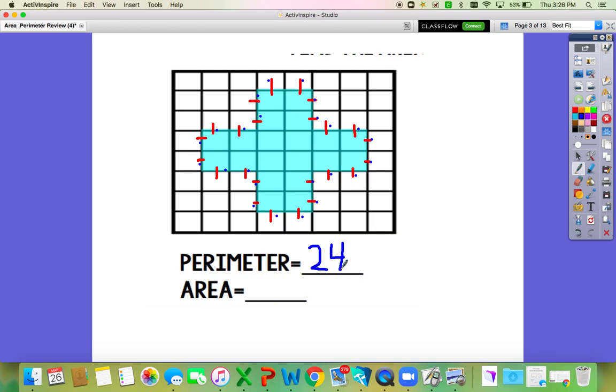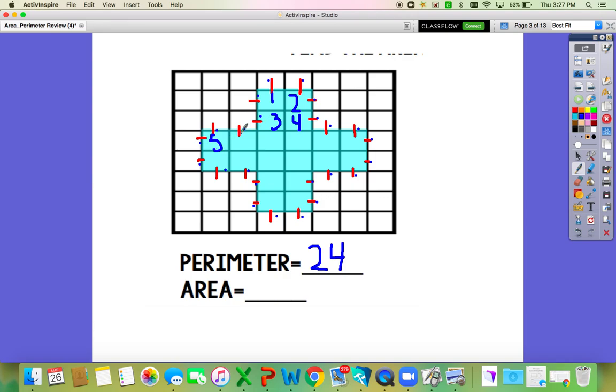If you said counting the boxes, you're right. And I like to put my numbers in when I count. So on my piece of paper, I would actually put down all of the numbers of the box.